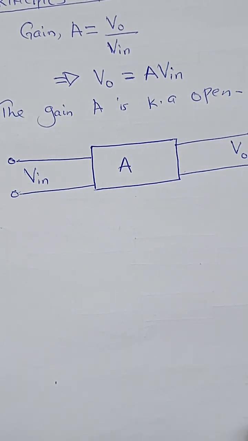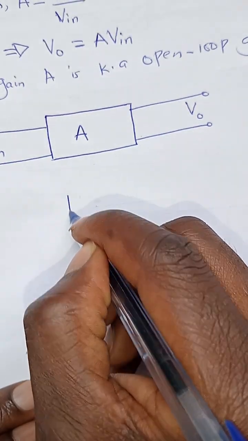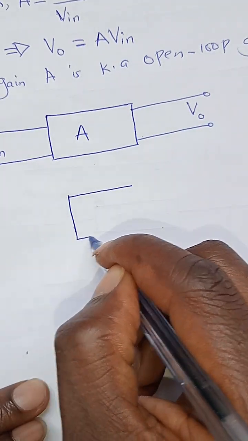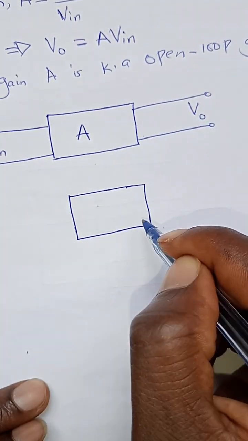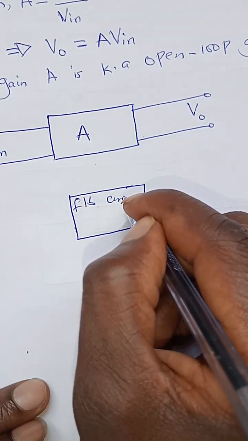Now, if a feedback loop is added to the amplifier, we add the feedback network here, so we can say that this one is the feedback circuit.